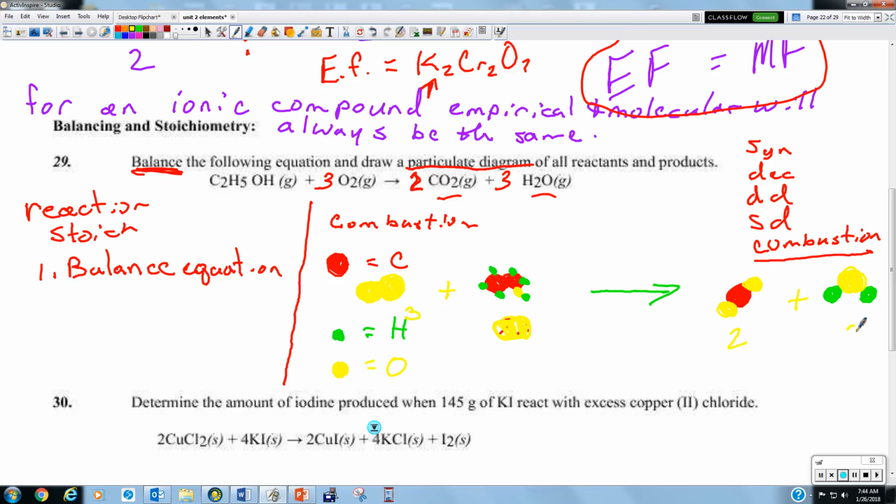And we have 3 of those compounds in the end. That's what a particulate diagram is going to look like. Sometimes the particulate diagram will actually draw all the structures out. So it would have drawn 3 structures of this, 1 structure of this, 2 of these, and 3 water molecules. But that gives you the idea.